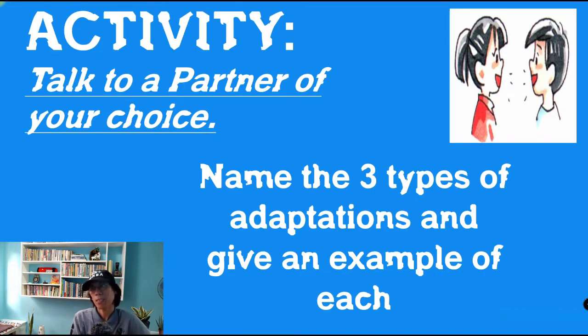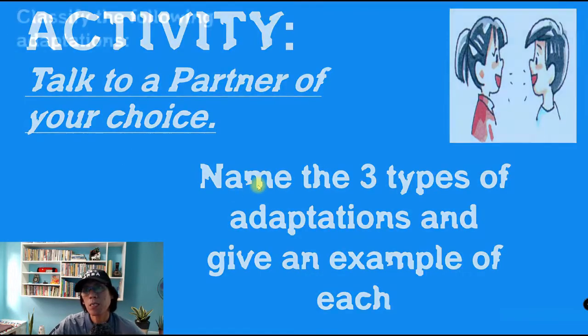Alright? So, I'll be expecting 6 examples. 3 for each. Then after this, you have to do this work. Answer the following questions by classifying the types of adaptations involved.